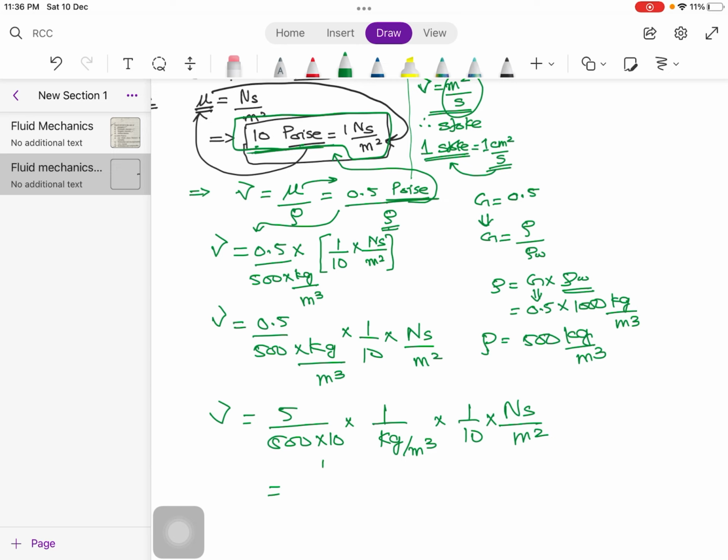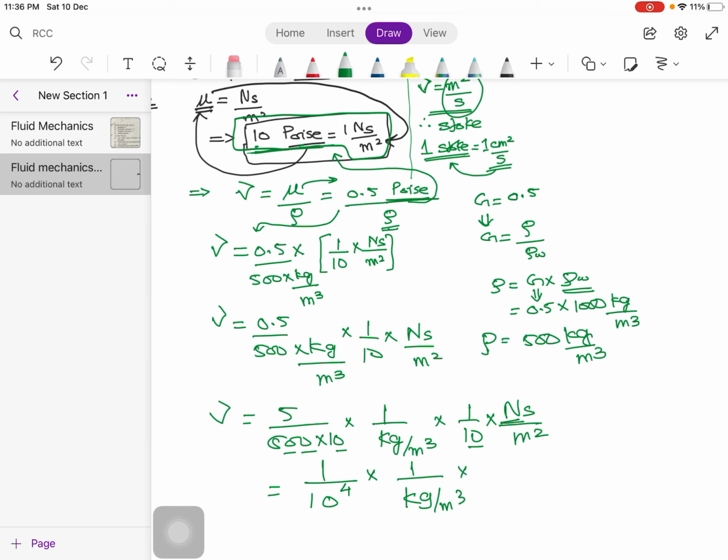So 1 upon 10 to the power 4, counting 1, 2, 3, and 4, times 1 upon kg per meter cube.